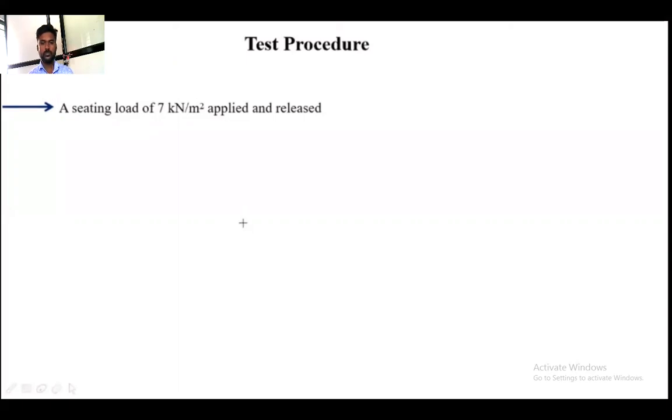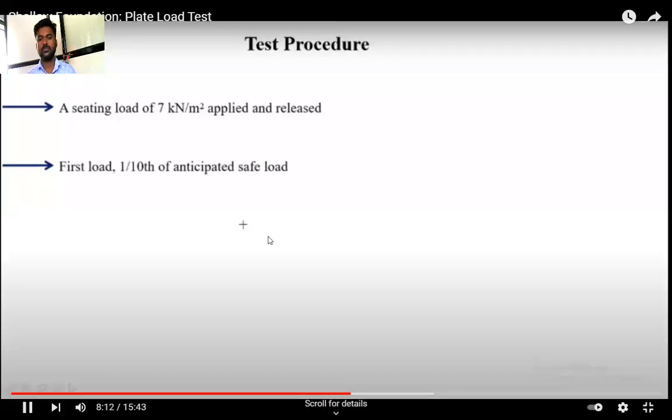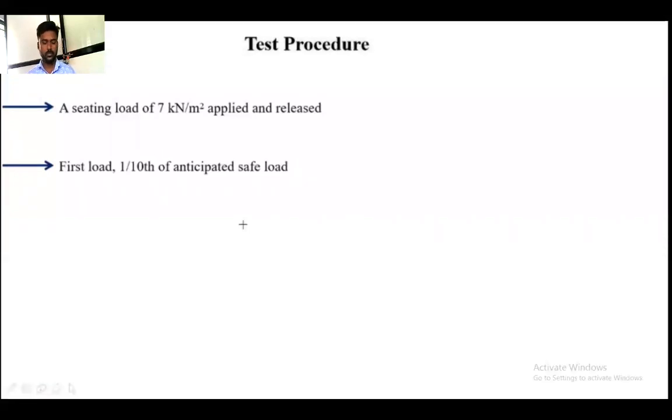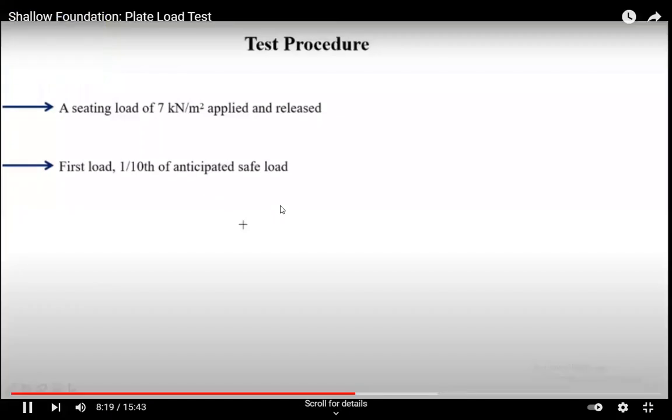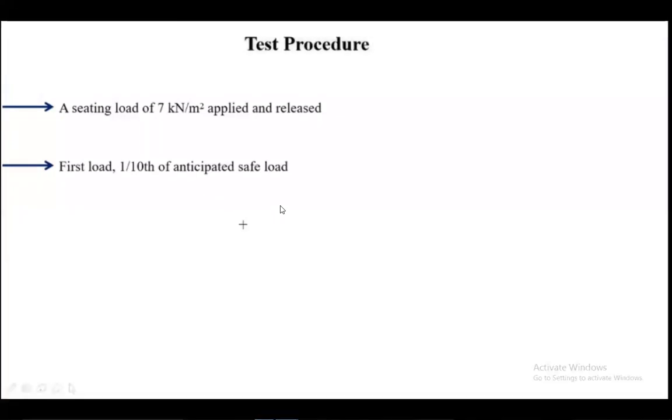Now, when you apply the actual load, the first load that you apply is equal to 1/10 of the anticipated safe load. Let's say you are a damn good civil engineer, so you will know how much load this soil on the site is going to take. Let's say you know that this soil is going to take 1000 kilonewton.